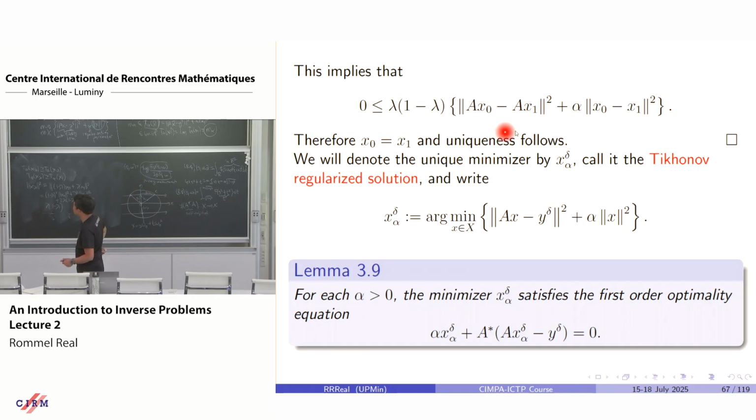That's why they have to be equal. So it's a very long computation, but that's the spirit of it. Now we now have the uniqueness.